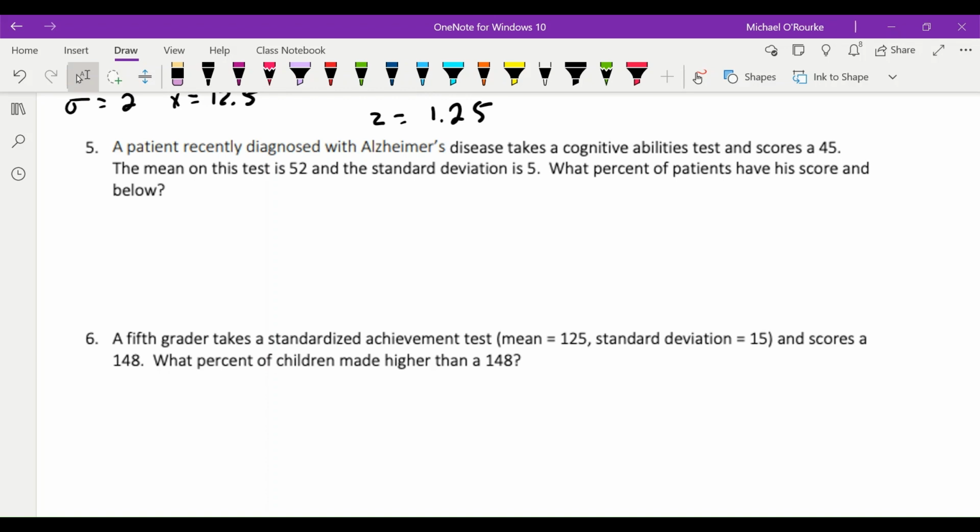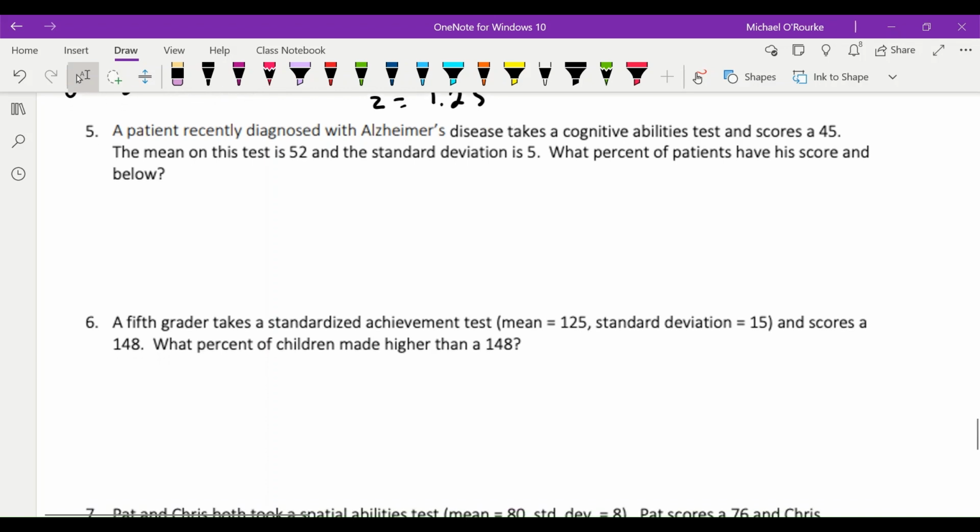So, here we go. A patient was recently diagnosed with Alzheimer's disease, takes a cognitive abilities test, and scores a 45. So we know that my x is 45. The mean of the test is a 52, and standard deviation is a 5.